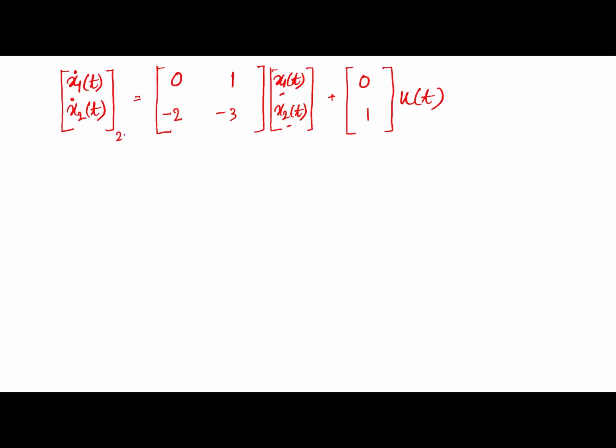Dimension of rate of change of state is 2 cross 1. Dimension of this coefficient matrix is 2 cross 2. Dimension of the state vector is 2 cross 1. Dimension of the input coefficient matrix is 2 cross 1, and dimension of input is 1 cross 1.